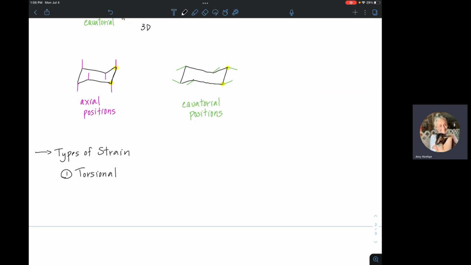This is a situation where you're going to be bringing two atoms or groups, substituents, whatever you got going on, that are separated by 3 bonds, too close to each other.